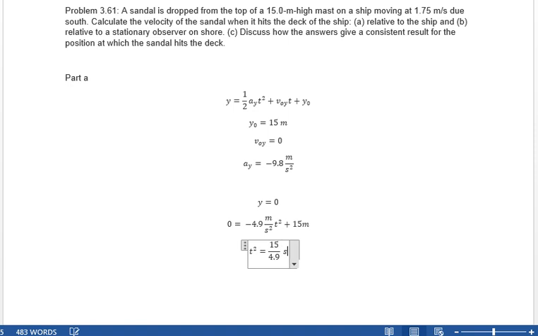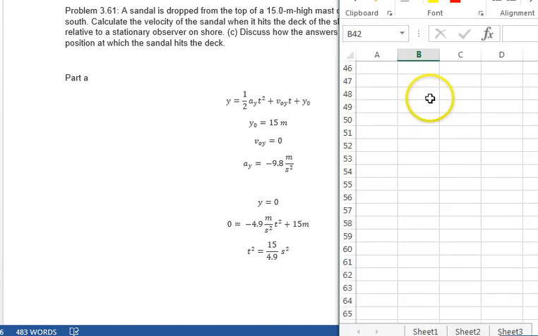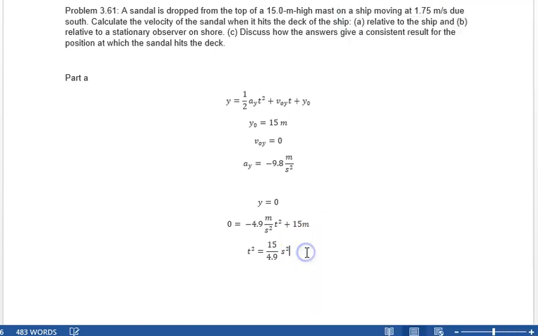That is seconds squared if you work through all the units. So what is t? t equals the square root of 15 divided by 4.9, which is 1.7 seconds.